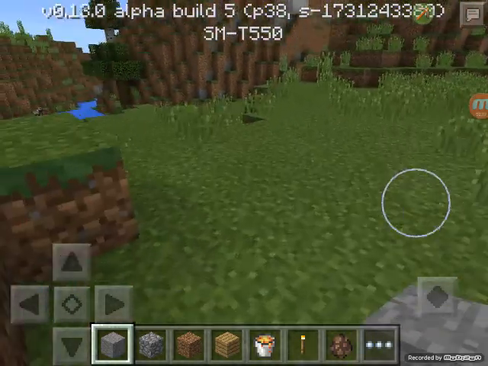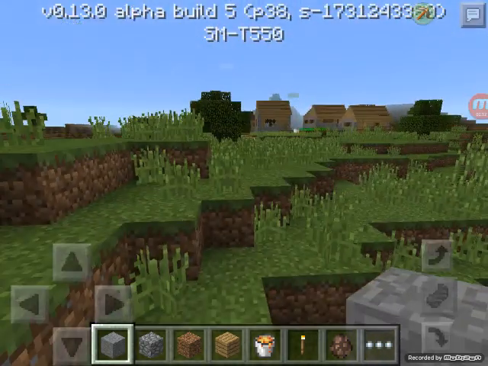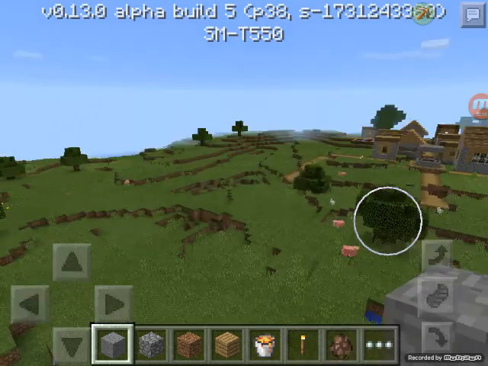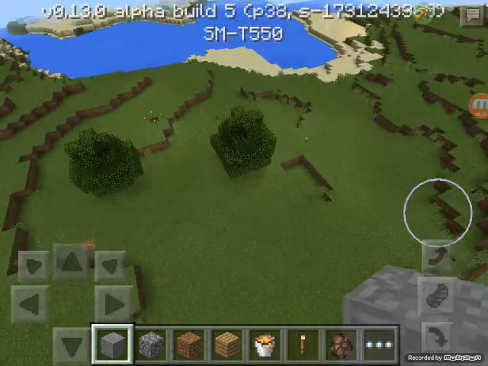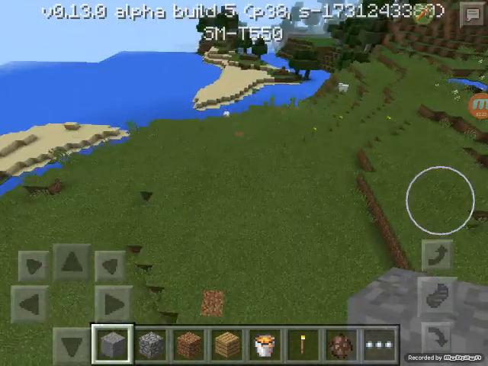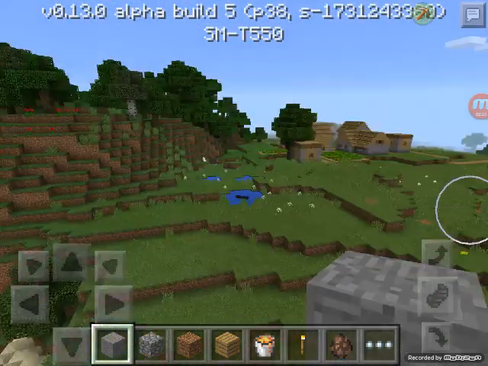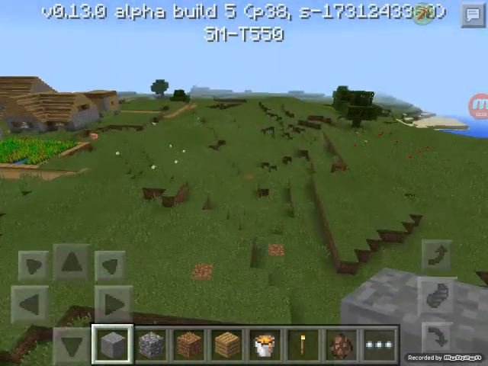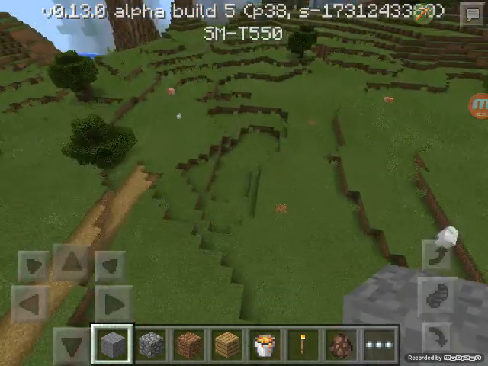So if you go right over here, the sand does not live, and there's rock. When there's caves, that is the geosphere.